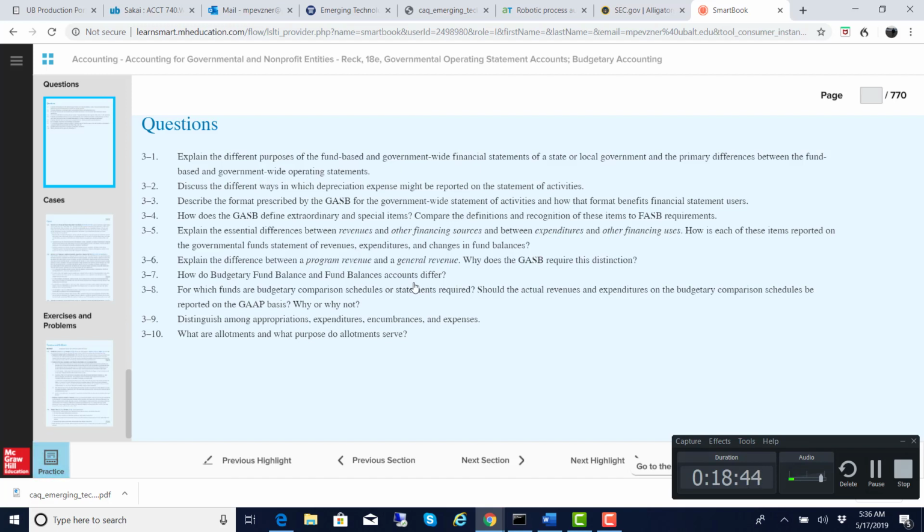Kind of in the middle of page 78, it says, individual fund budgetary comparisons are required to be presented at the legal level of budgetary control, meaning where the legislature or the city council, whatever else, set the budget, which represents the administrative level. For example, fund, program, organization unit, which expenditures may not exceed appropriations without a formal budgetary amendment, right?